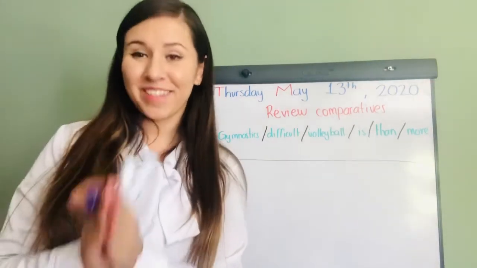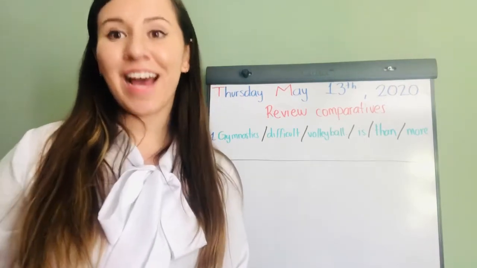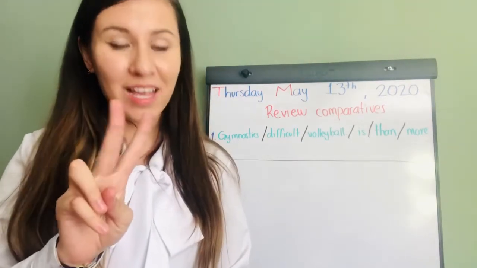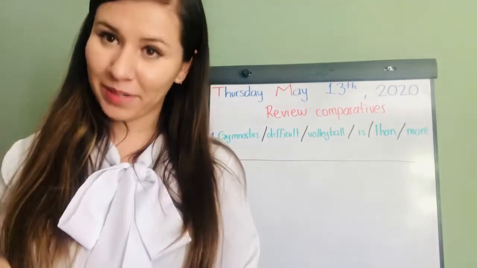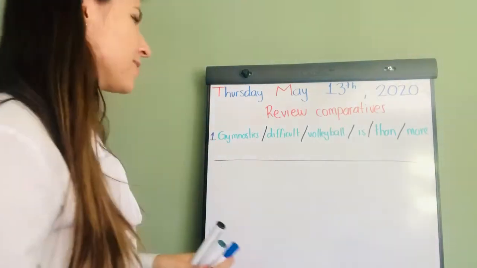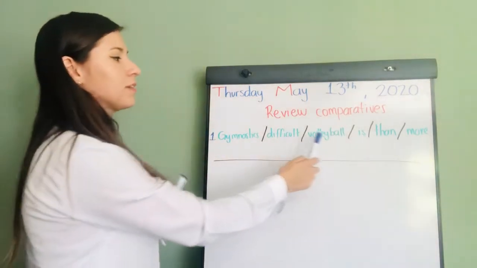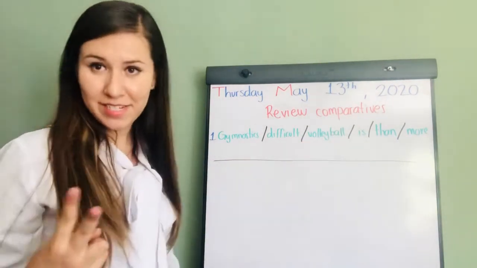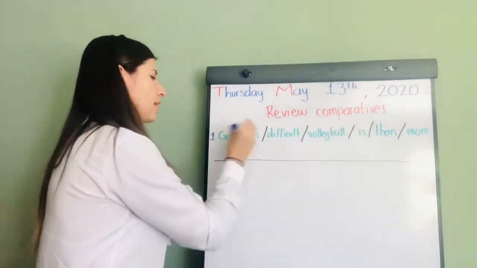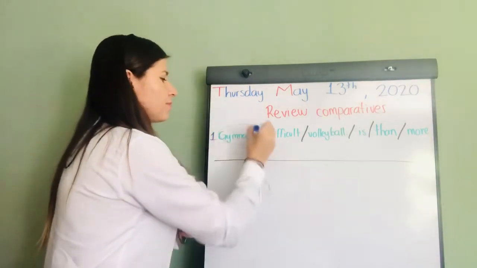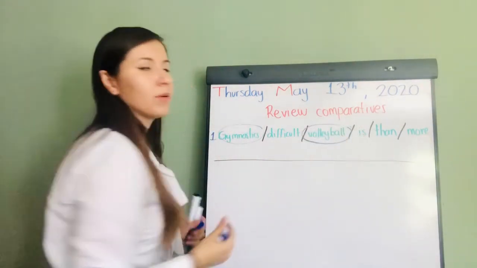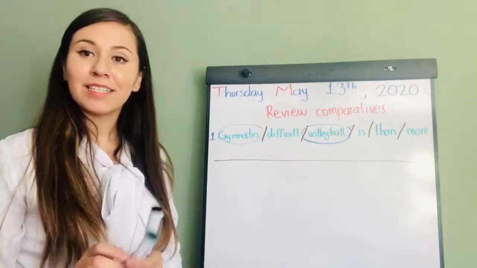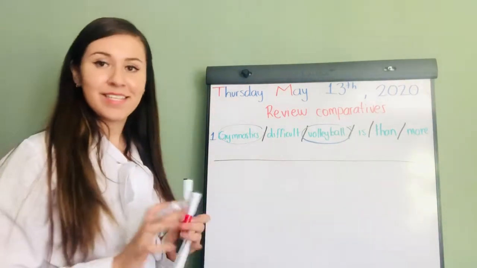Well, first of all, we have to identify the nouns. There are two nouns that we have to compare. So in this case, we have gymnastics, difficult, volleyball, is, done, and more. We have two activities. If you see, one is gymnastics and the other one is volleyball. We have to identify the adjective. In this case, it is difficult.